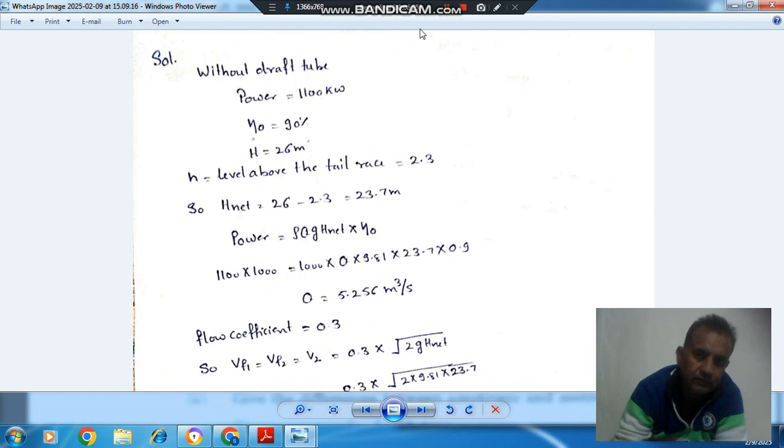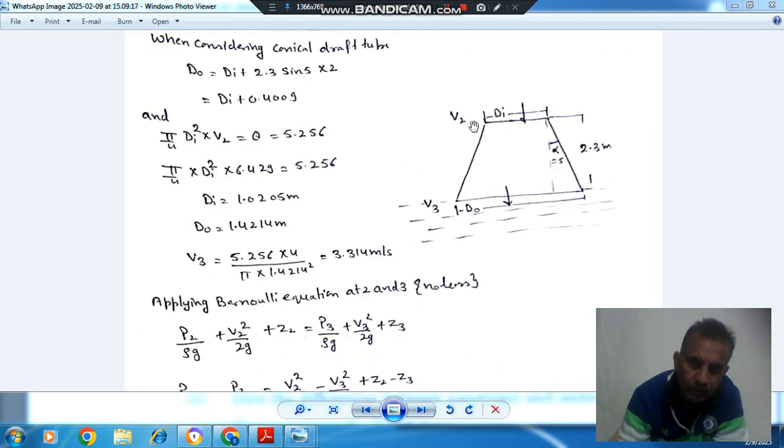Okay, now the second case, when a conical draft tube is used, there is the inlet diameter and the outlet diameter, and the half cone angle is given as 5 degrees. So D0 will be D_i plus this part plus this part.